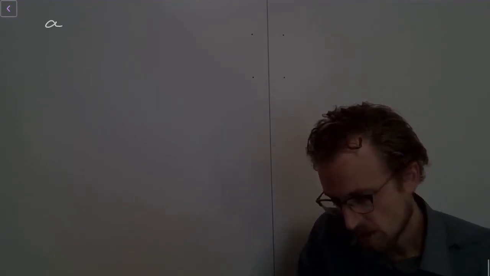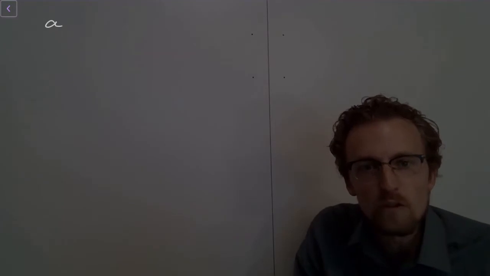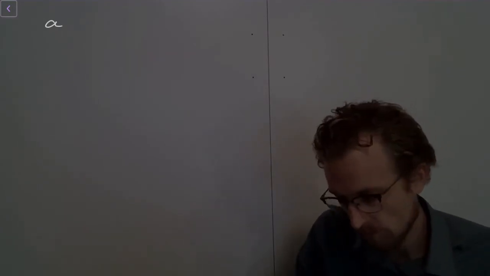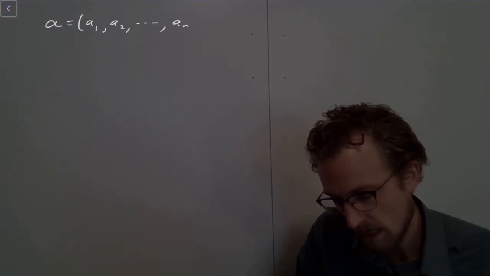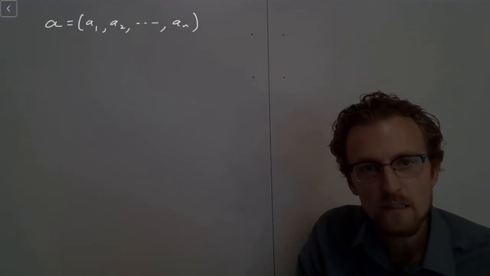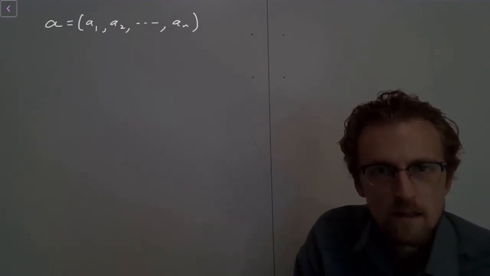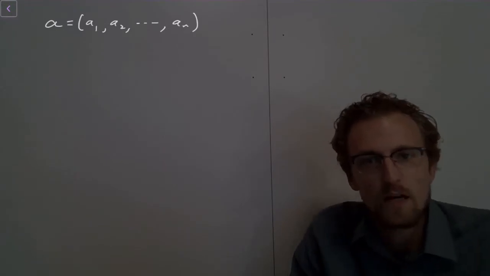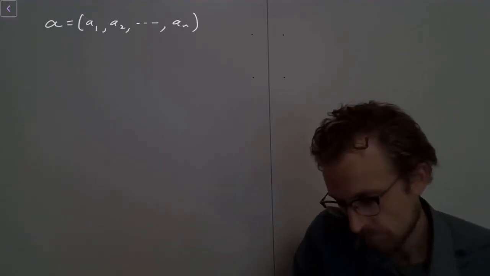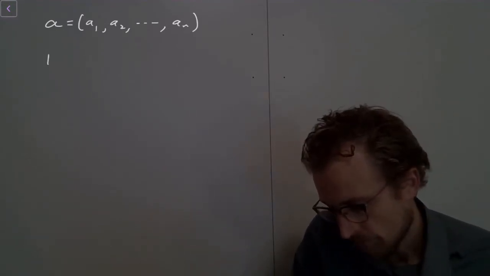I'm going to specify a feasible solution to the fractional knapsack problem by A. And so what does A do? A says here's A1, A2, all the way up to AN, where each of these Ai's is a fraction. Each Ai says here's the fraction of item i that I'm going to take. So here's a claim.